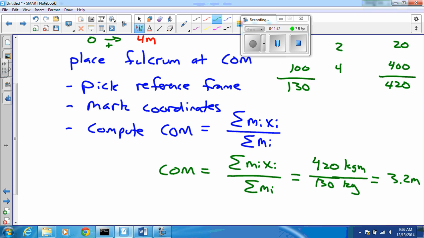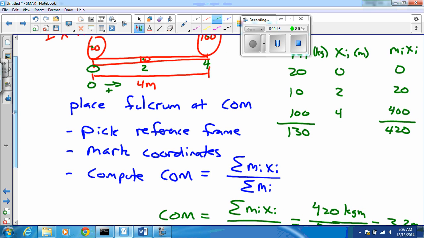And that gives us, when we do the division, 3.2 meters as the center of mass. Where is that 3.2 meters located? Well, it's located right here. As we suspected, it's much closer to the father than it is to the girl. The father counts more because he weighs more.